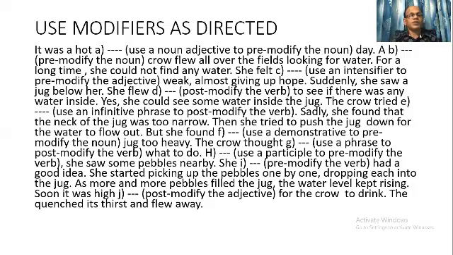Let me show you the first one. It was hot. A dash is given here. Use the noun adjective to pre-modify the noun. You see, a noun is there. Day. Day is a noun, and you have to use another noun which will be used in the gap as a noun adjective.